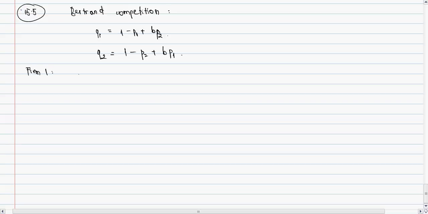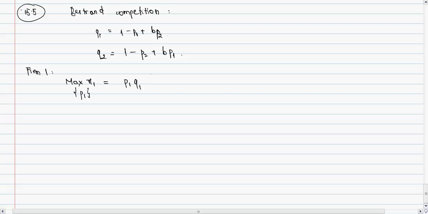So we pretty much will do the same thing. We do firm 1 first. Firm 1 will maximize its profit, but now choosing P1. The profit is the price multiplied by the quantity minus the cost.